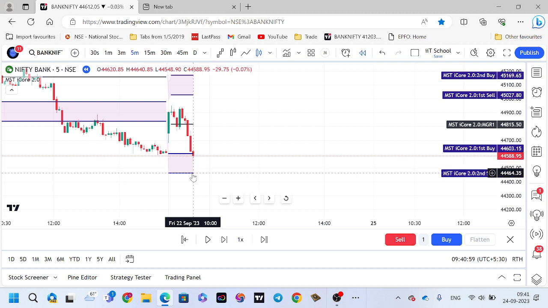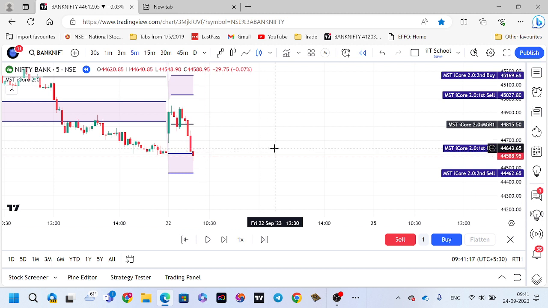44,400 call option. Why? In ITM only the movement will be almost similar to the spot price. If you are going for ATM, 0.75 percentage will be same. If you are going to 0.5 will be there in the ATM. If you are going to OTM, it will be very lesser than the spot price movement.